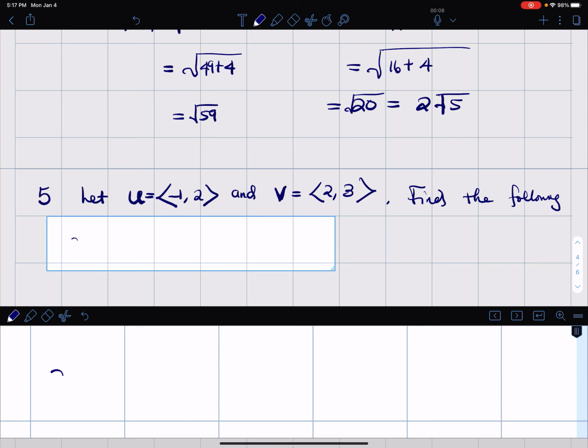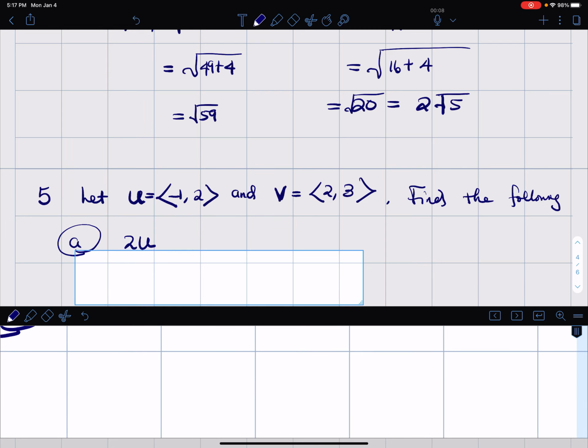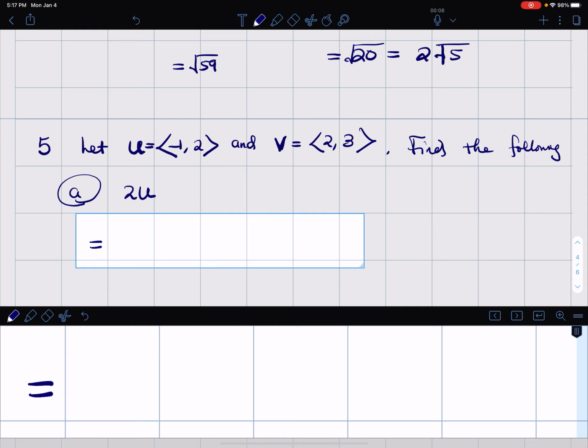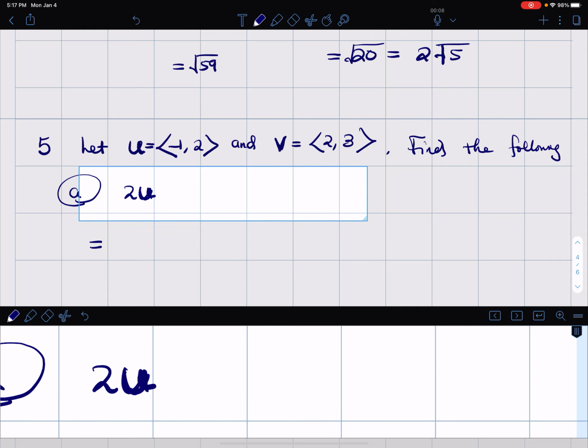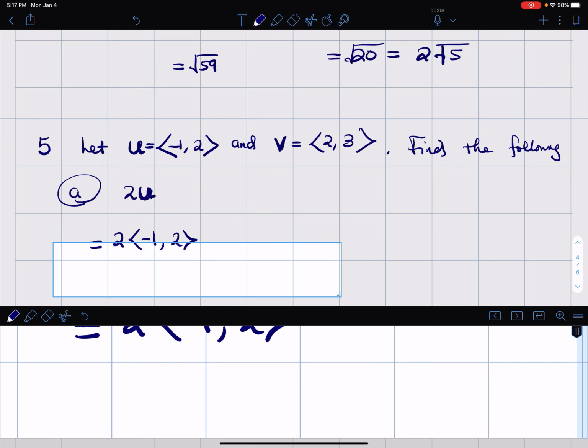Okay. A. Let's find 2u. All right. The vector 2u is just going to be 2 times each of the components of u, which will give us -4.